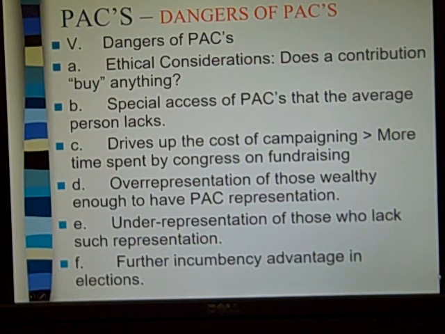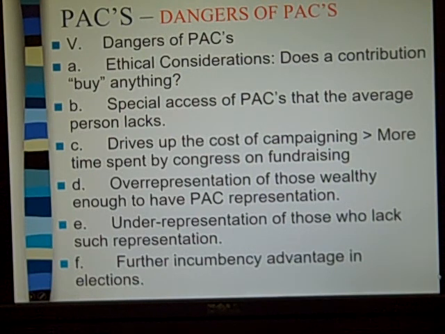So this goes right into the second question, because political action committees have access or influence that the average person doesn't have. Obviously, this goes into the difference of $27 as a campaign contribution versus $500,000, or whatever it is that the political action committee is garnering.